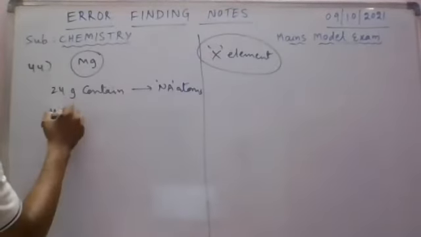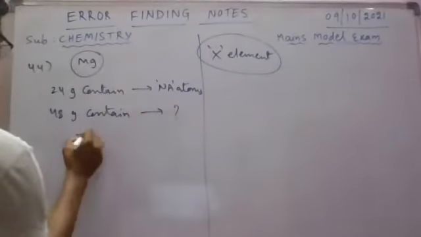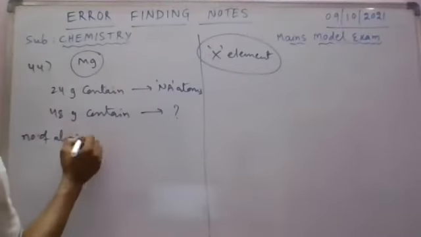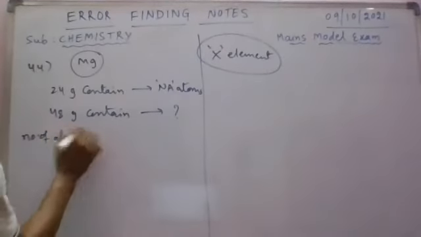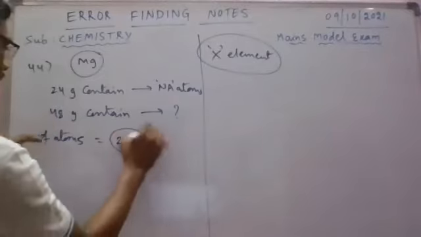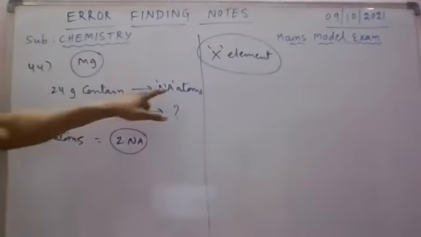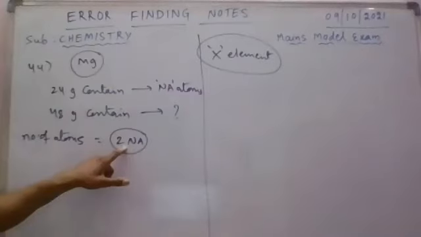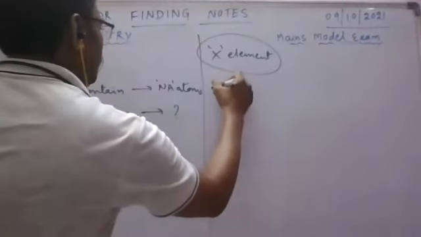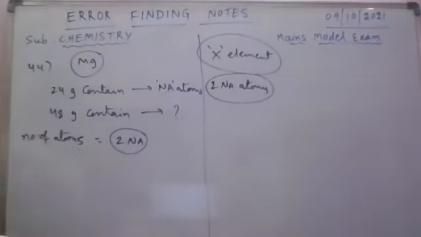So 48 grams contain 2 into Avogadro number of atoms. So this element also consists of 2 into Avogadro number of atoms.